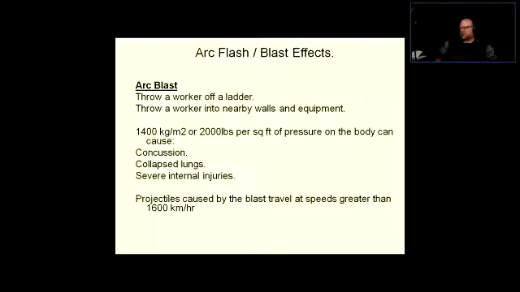You can create a mini sun. You can look at it that way. Projectiles can be thrown. So if it's an explosion, things can fly. Now, what is the usual speed of a bullet that comes out of the barrel of a regular rifle? Well, it could be a 30-06 or 270 or 223.